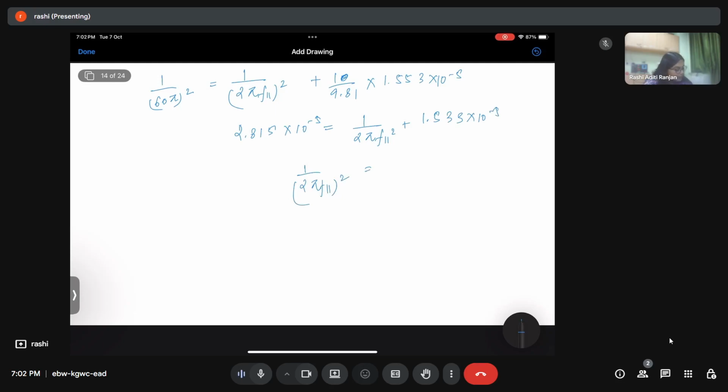It will be 284.9 1.232 into 10 to the power minus 5, and so f11 is 284.9 by 6.283, which is 45.4 Hertz.